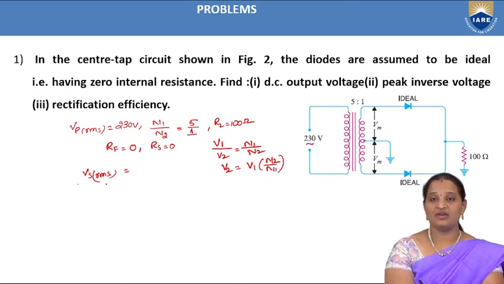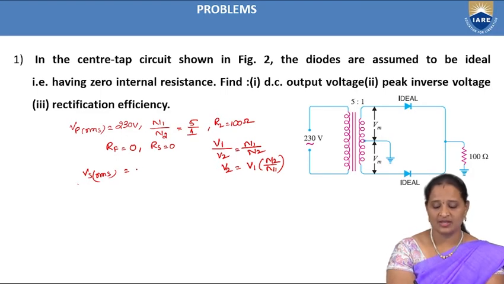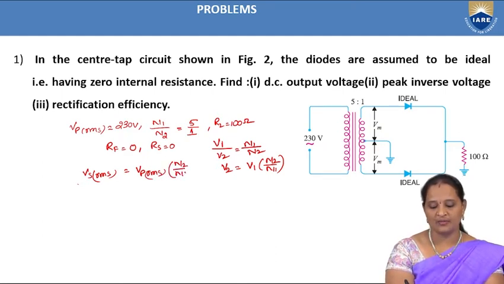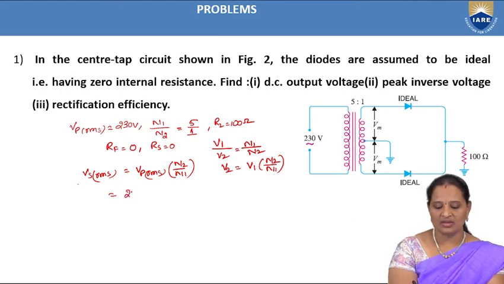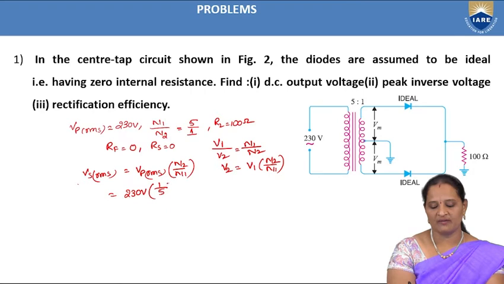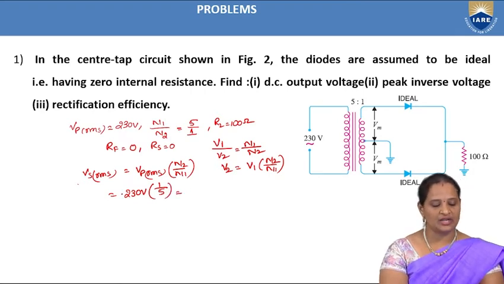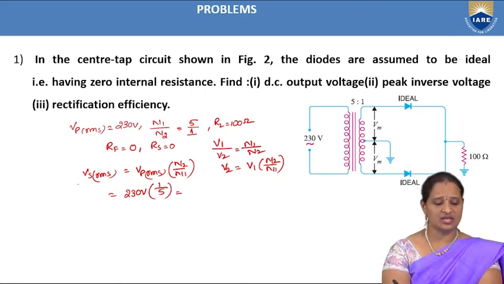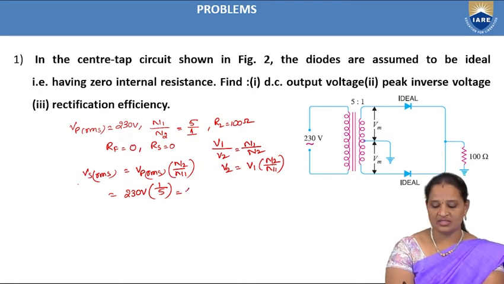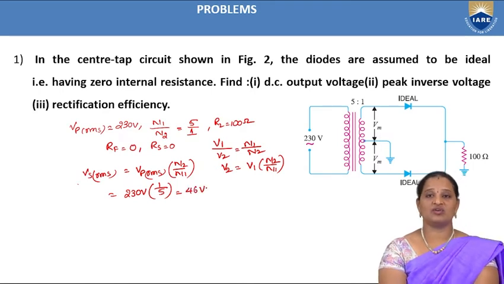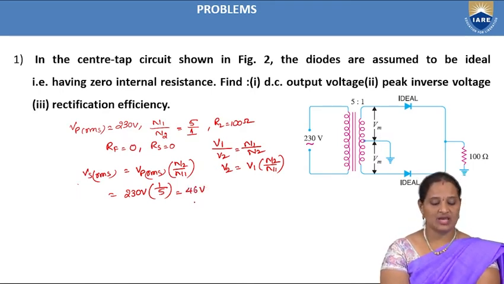So VS RMS can be obtained as VP RMS, the RMS value of voltage in the primary winding, into N2 by N1. VP RMS is 230 volts into N2 by N1, which is 1 divided by 5. So 230 by 5 is nothing but 46 volts. This is the VS RMS.